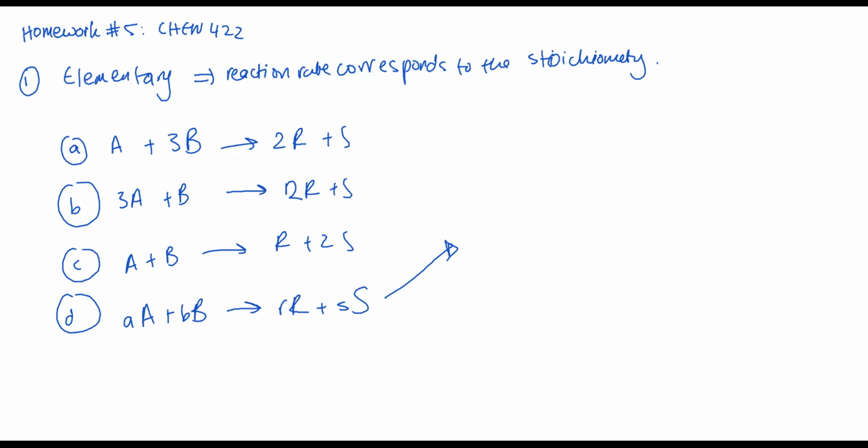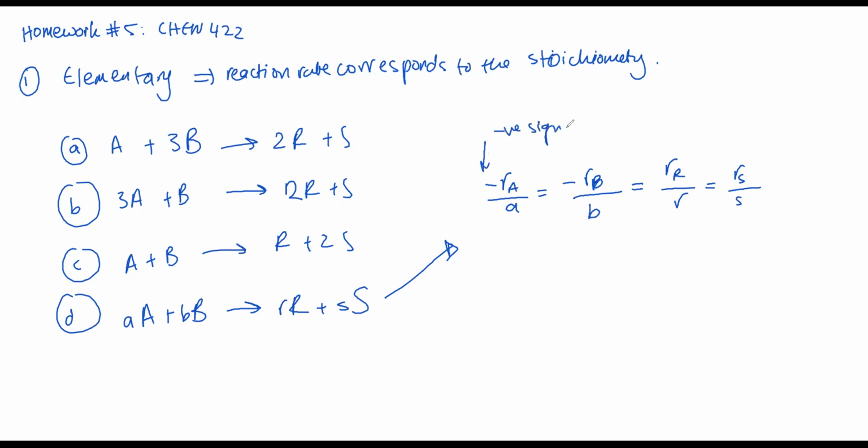We need to find two things. First one, how are the reaction rates of each species related to each other? If you recall, it's going to be minus r_A over a is equal to minus r_B over b is equal to r_R over r is equal to r_S over s.